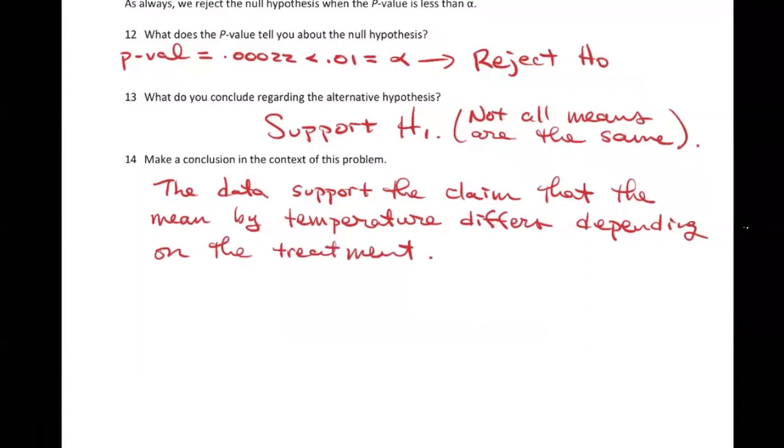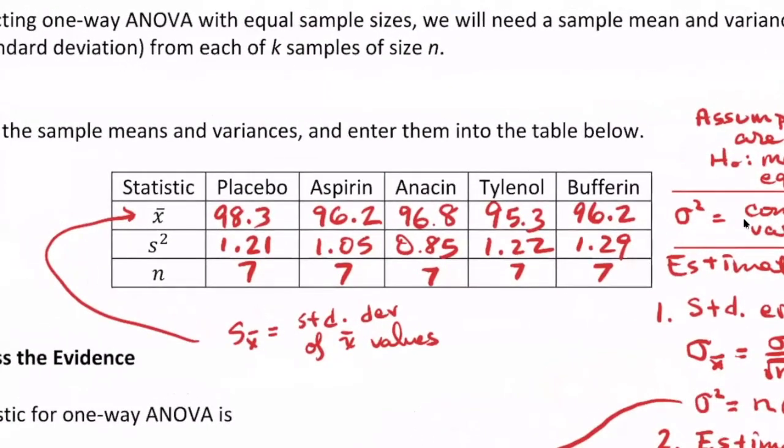And I just like to point out the standouts. So the highest mean and the lowest mean, just to kind of show the range and which ones are standing out. So let's look at the data again real quick. Right here. So if you look, where's the highest body temperature?